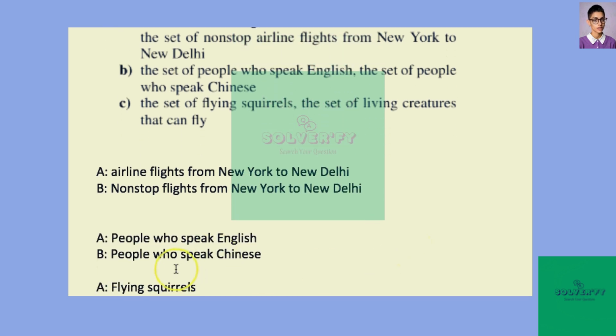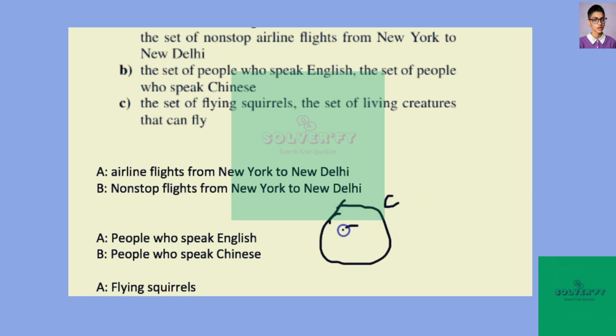The second one, also got to think about it a little bit. People who speak English, people who speak Chinese. Okay, so let's think about this one. Let's make a Venn diagram. So here's all the people that speak Chinese.